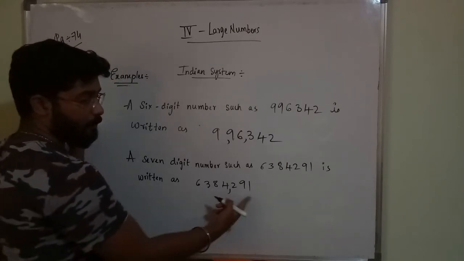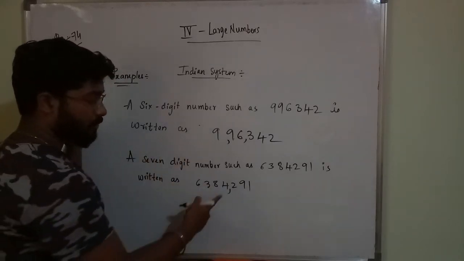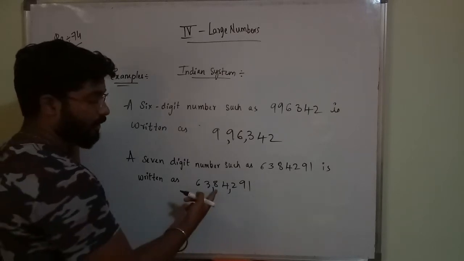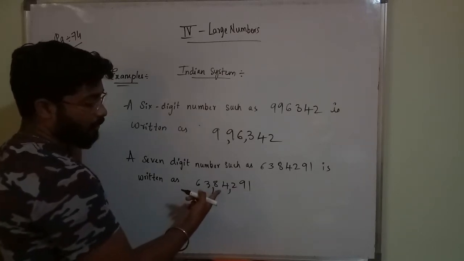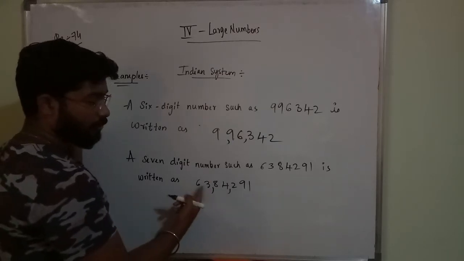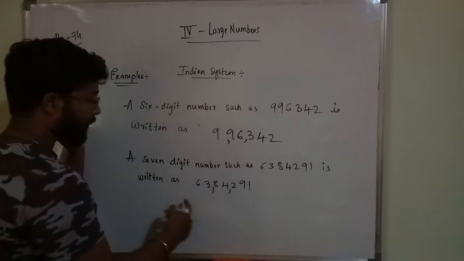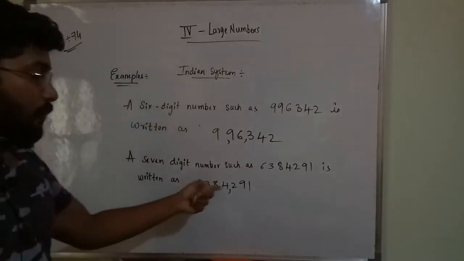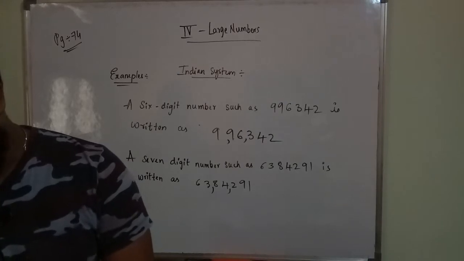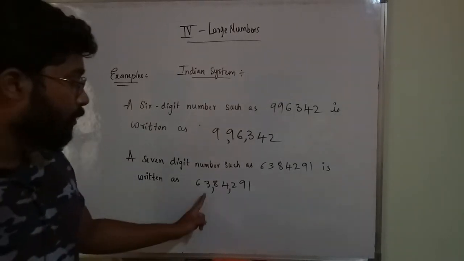Why? Because ones period has 3 digits, 3 place values. Next, after 2 digits you put one comma. So we have separated ones period, and next we separated the thousands. After those 2 periods we will have lakhs. So this number is 63,84,291. If you understand the table very carefully, then you can put commas easily.